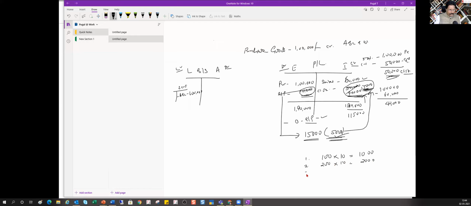The third instance, again 100 numbers at 10 rupees, which is again 1,000 rupees. This purchase adds to your inventory quantity and also your value.